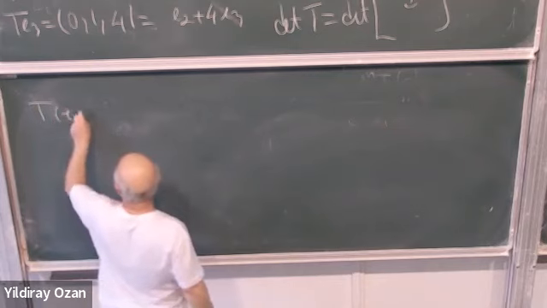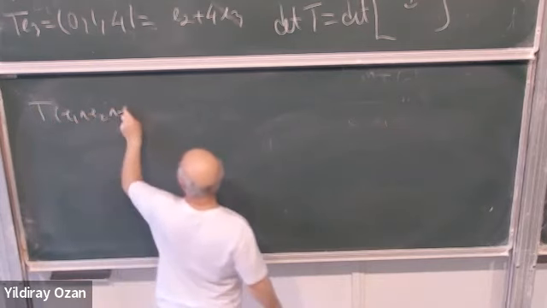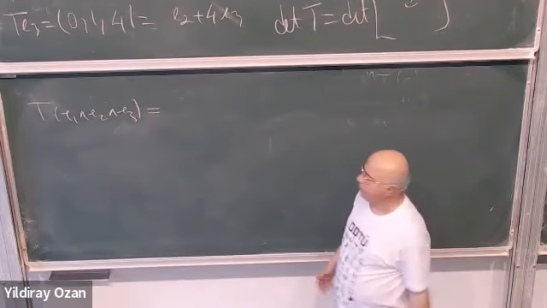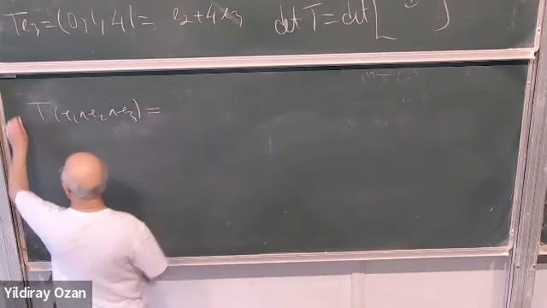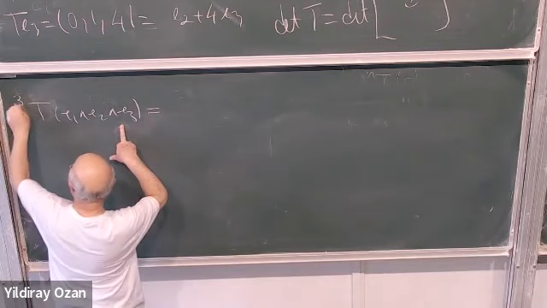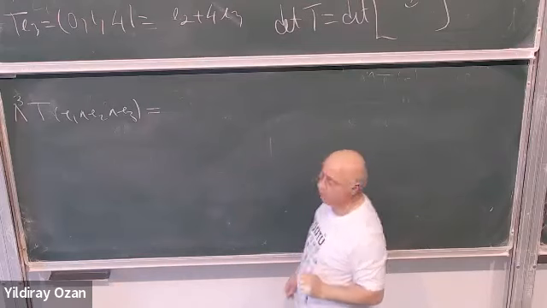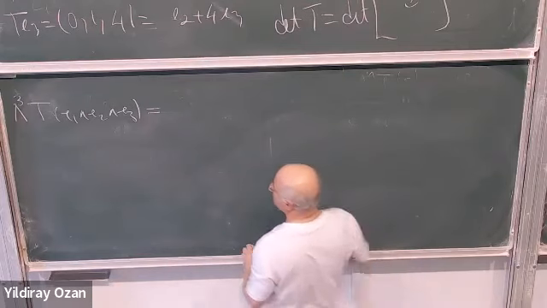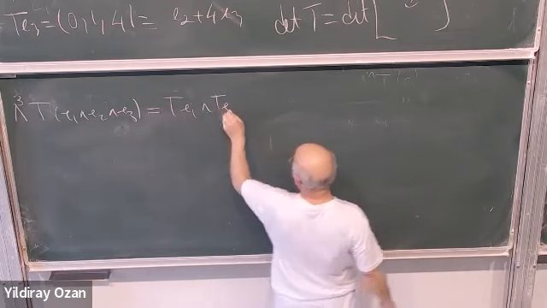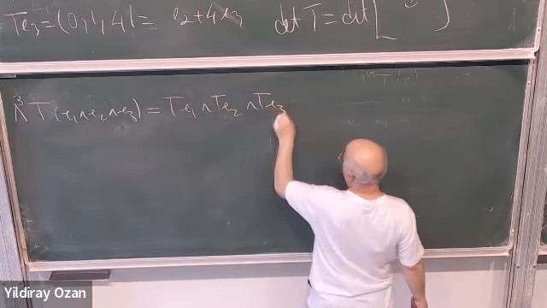T of E1 wedge E2 wedge E3. Not T, sorry. I am in 3 dimensions, so I have to take its cube, right? And what is this? By definition, this is just TE1 wedge TE2 wedge TE3.